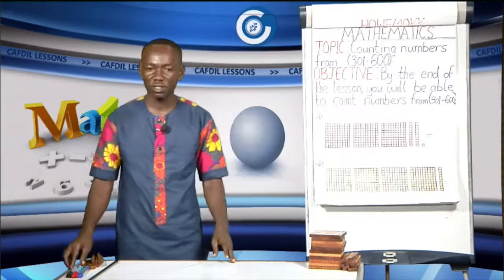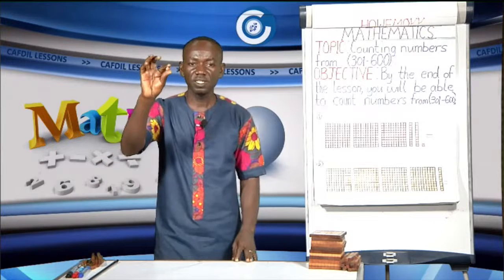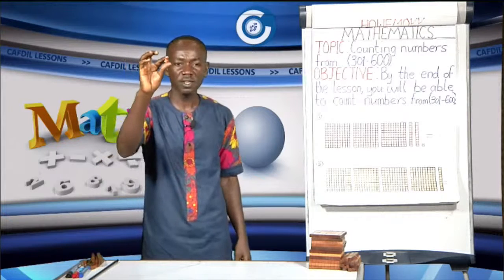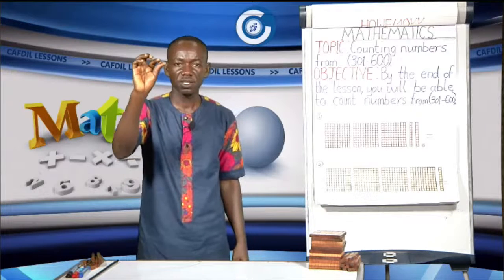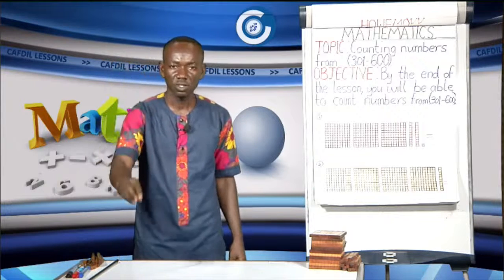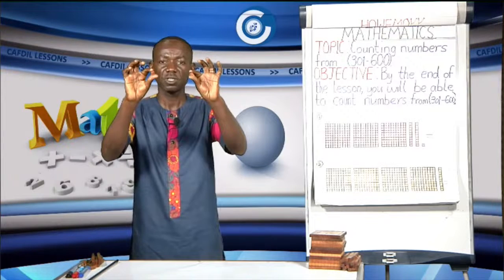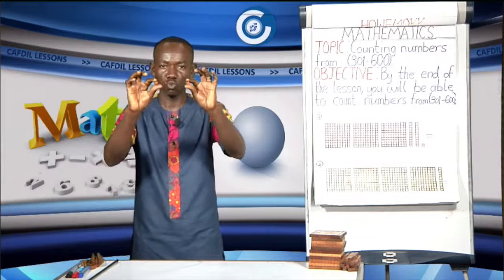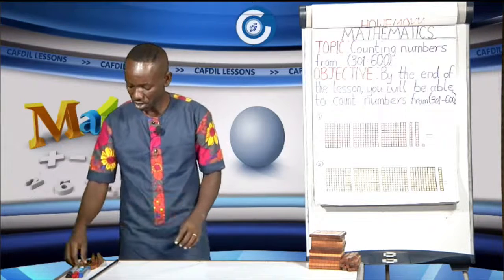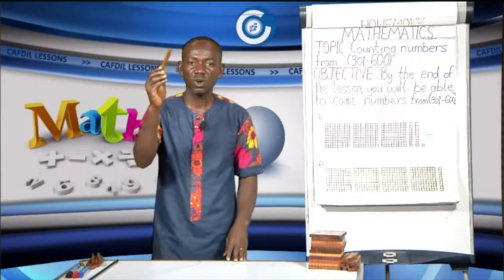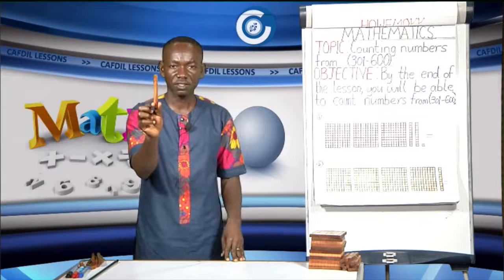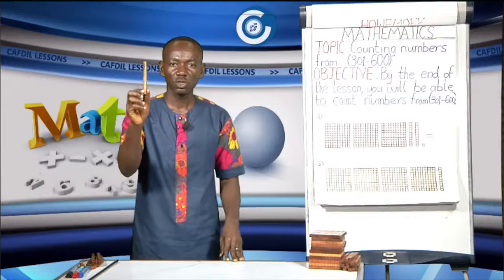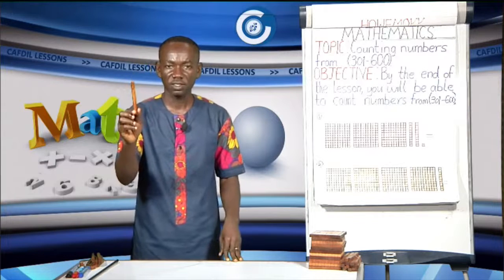We learned that this shows 1 cube, or 1. So 2 of the cubes will be 2. And then 1 long shows 10.